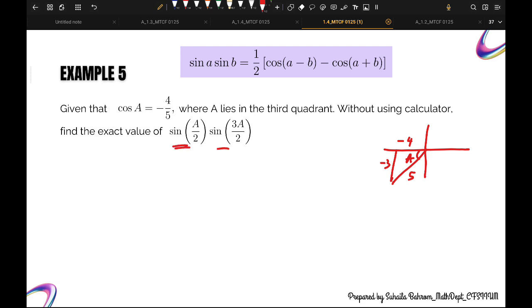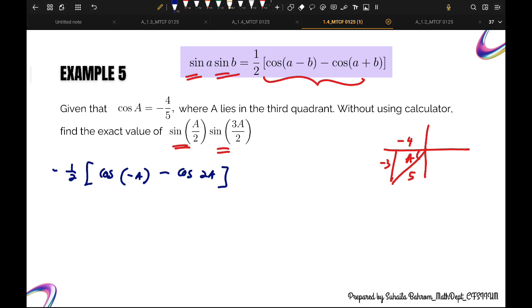So how can we get the exact value? By using this one, we can see it is in terms of product, so we can apply the product to sum formula. It is equivalent to half cos, A minus 3A over 2, and then this simplified version is cos negative A, minus cos 2A.